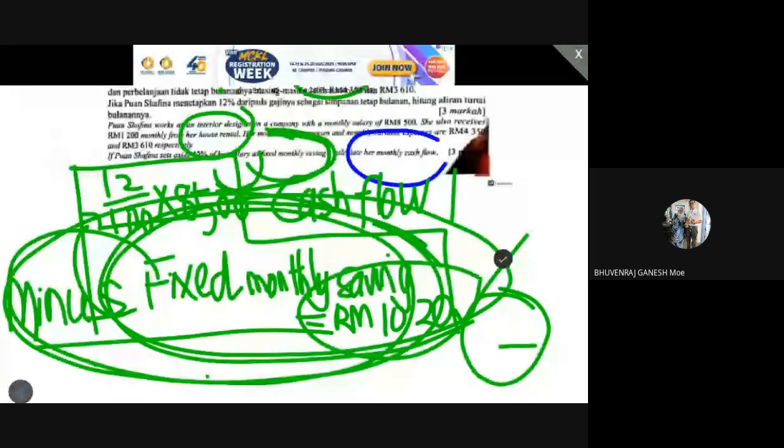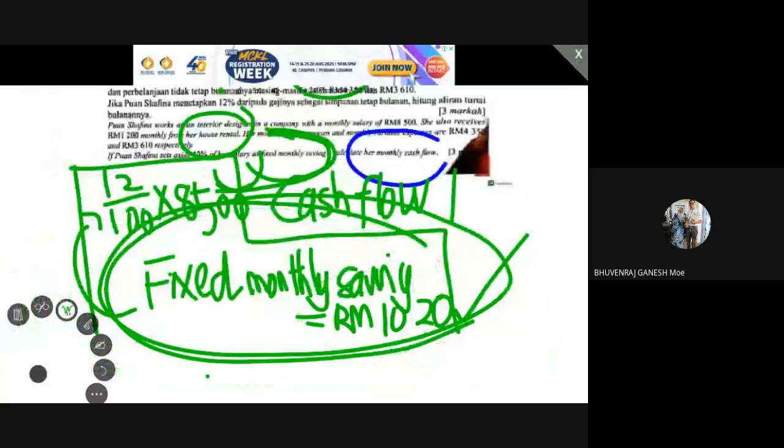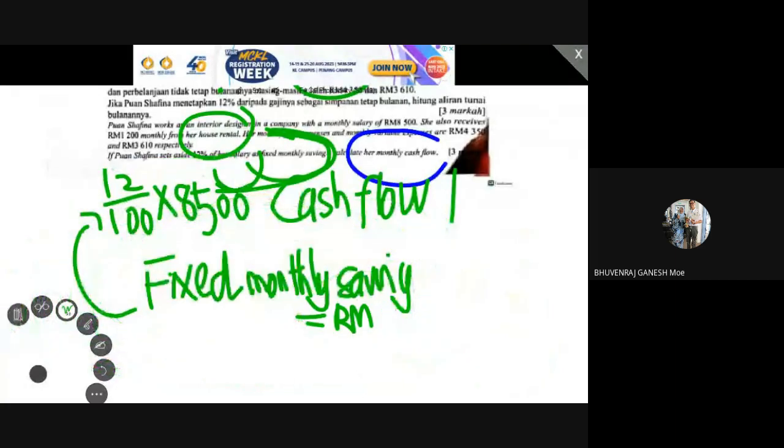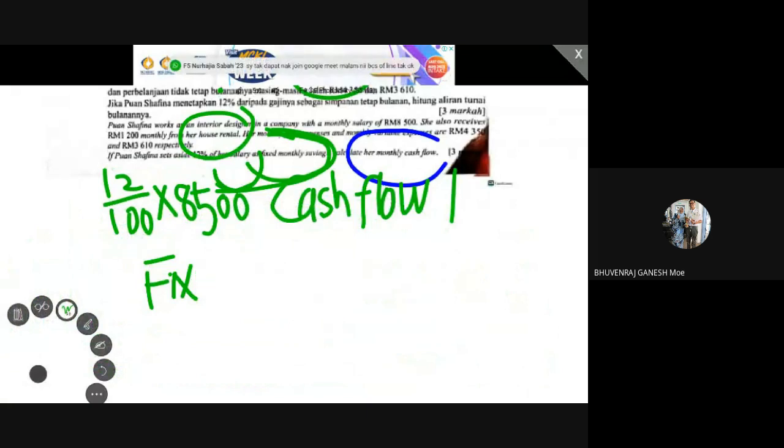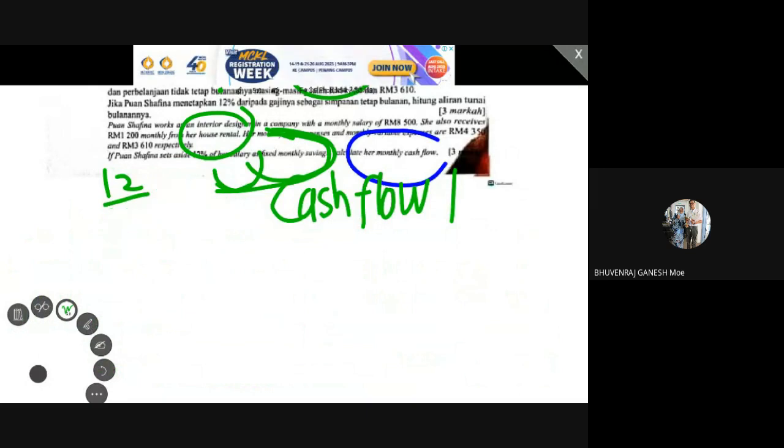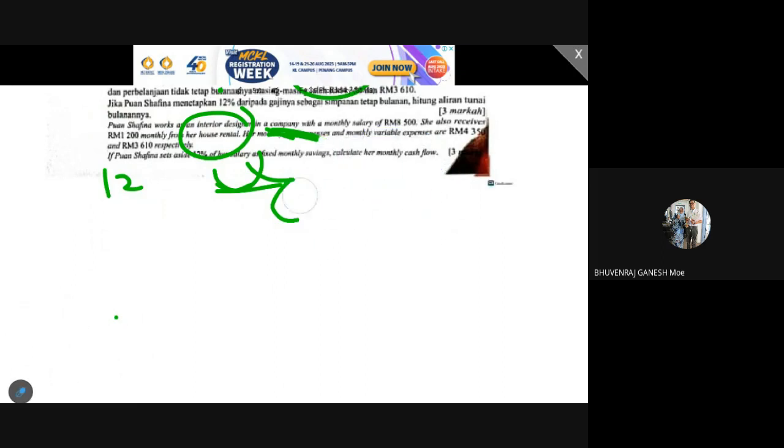Okay, so can you tell me your final answer? Apa aliran tunai kamu sekarang? What is your final answer for this question over here? Cuba tambah dan tolak nilai-nilai dalam kalkulator kamu. These are all the values. Kamu boleh nampak dalam soalan kat sini.